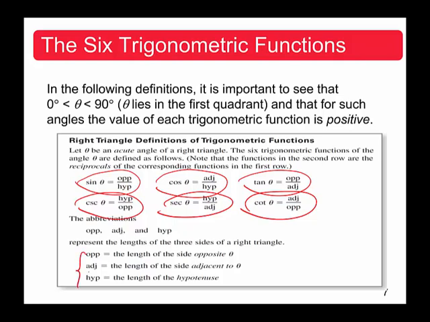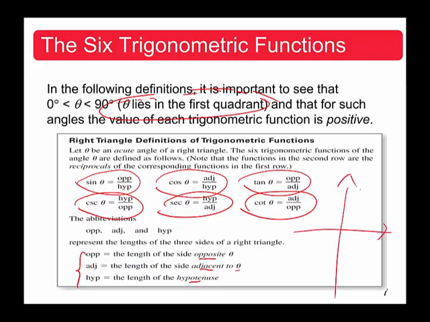OPP represents the length of the side opposite angle theta, ADJ represents the side adjacent to angle theta, and HYP is the length of the hypotenuse side. Now, theta is located in the first quadrant, and in the first quadrant everything is positive, right?